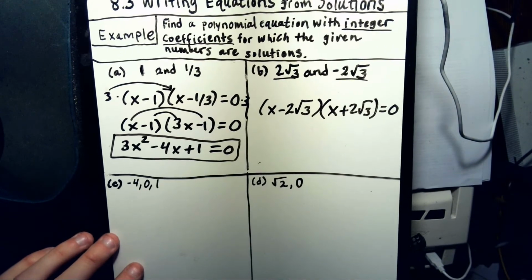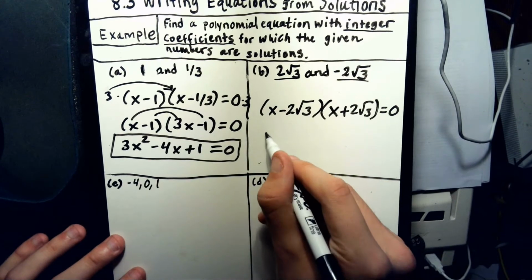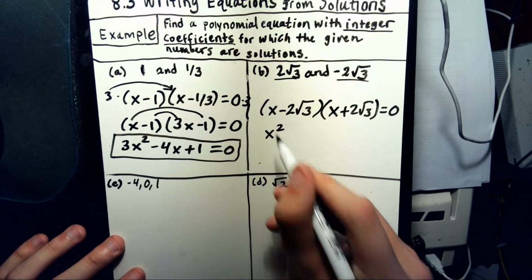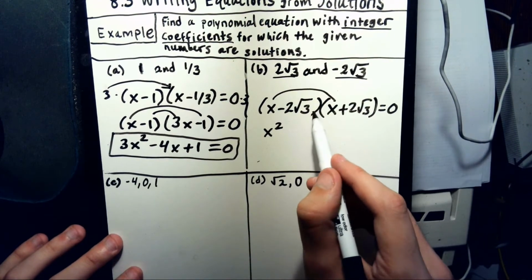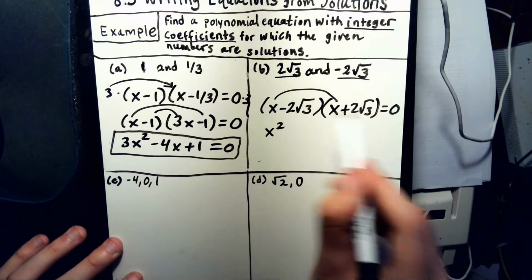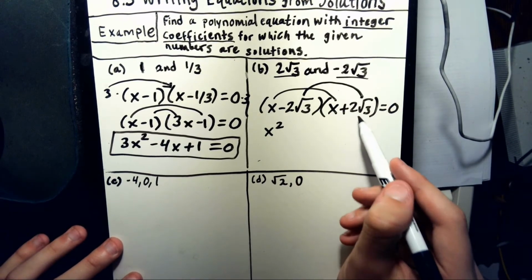All right, well, let's multiply this out and let's see what we get. Well, we get x squared. That's x times x. And then we've got the outer and inner parts canceling because these are conjugates. And then we need to take minus 2 root 3 times 2 root 3.